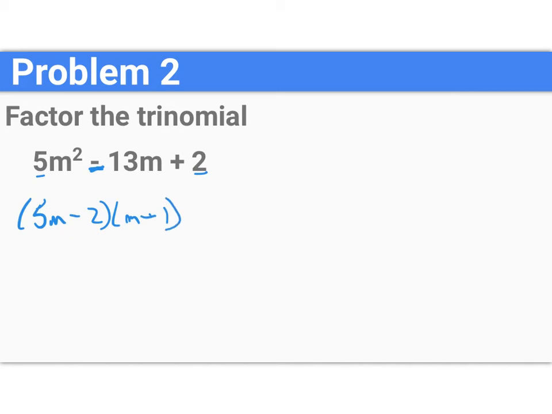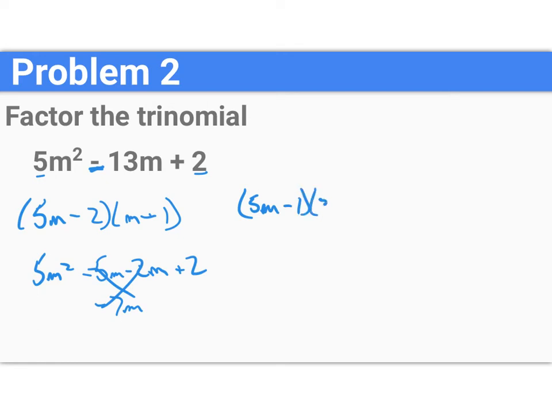Let's see what we get here. So we get 5m squared minus 5m minus 2m plus 2. Negative 5 and negative 2 is negative 7m. This one doesn't work. So let's do 5m minus 1, and then m minus 2. Let's see if this works.